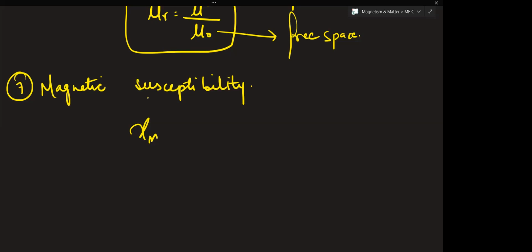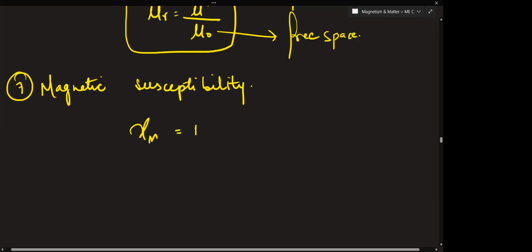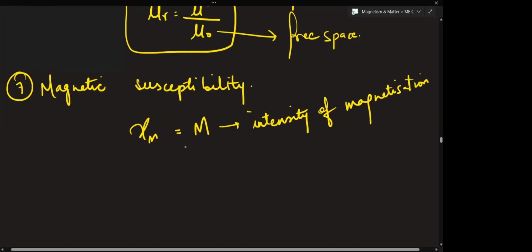We write this symbol only. So I think you must be aware of this. This is basically the ratio of what? Intensity of magnetization to the magnetic field intensity H. Both these terms are very confusing. So this is one relation.